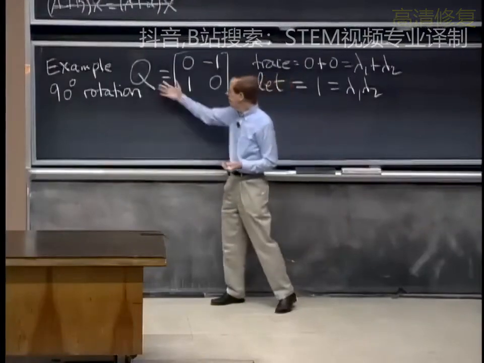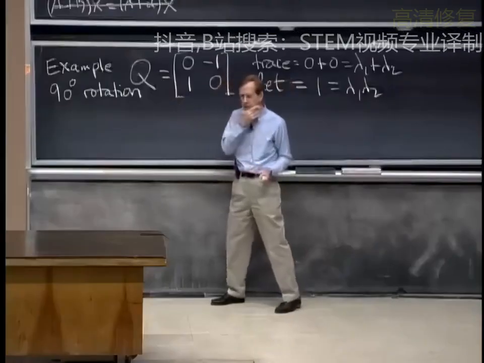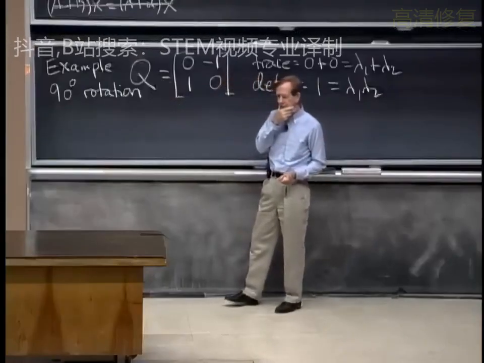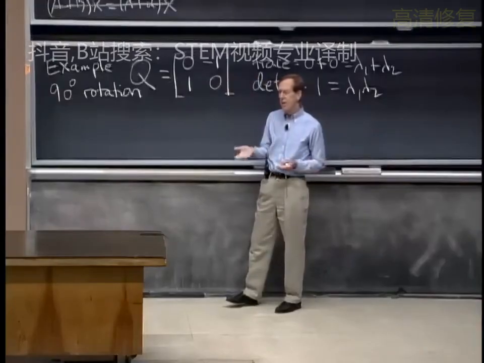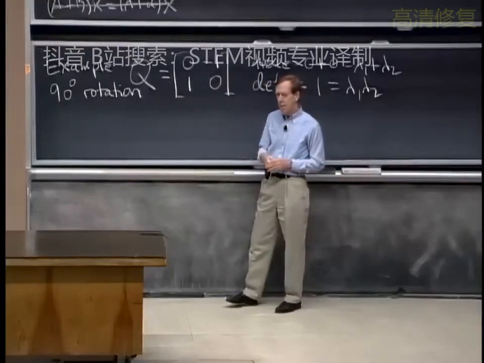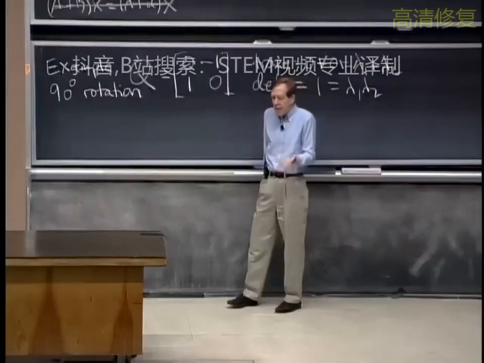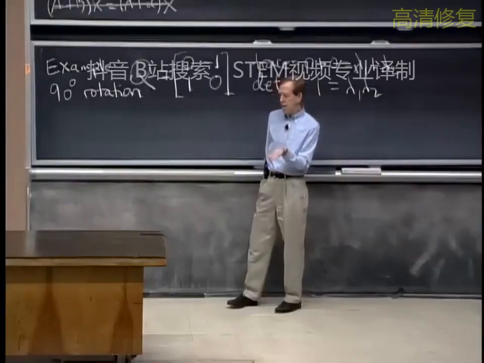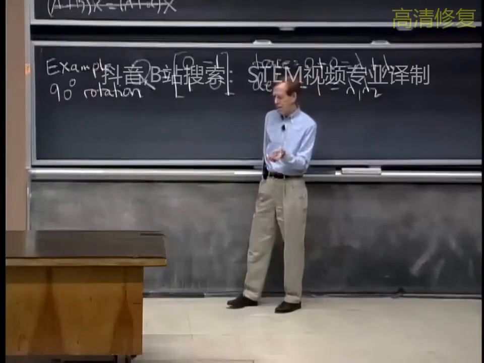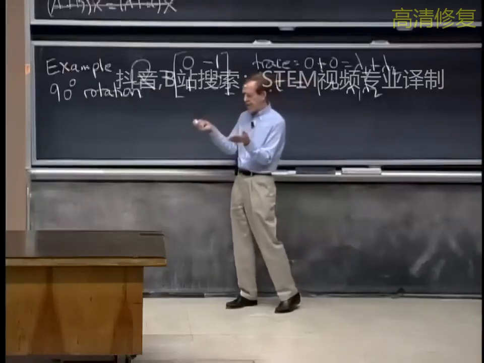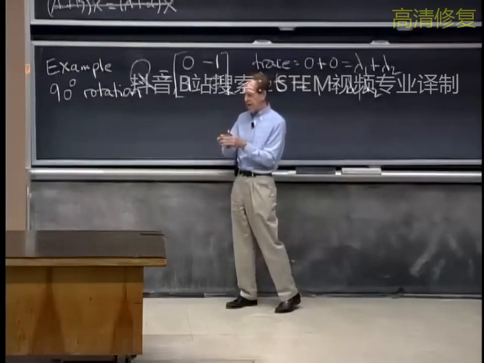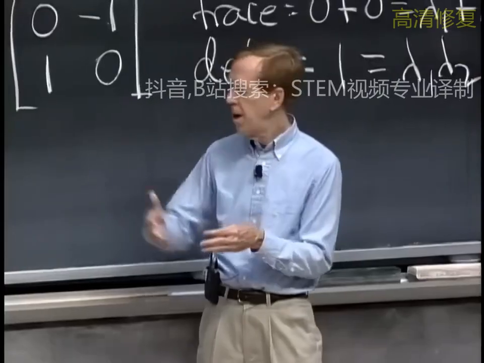If this matrix rotates every vector by 90 degrees, what could be an eigenvector? You see, we're going to have trouble. Our picture of eigenvectors, of coming out in the same direction that they went in, there won't be any.